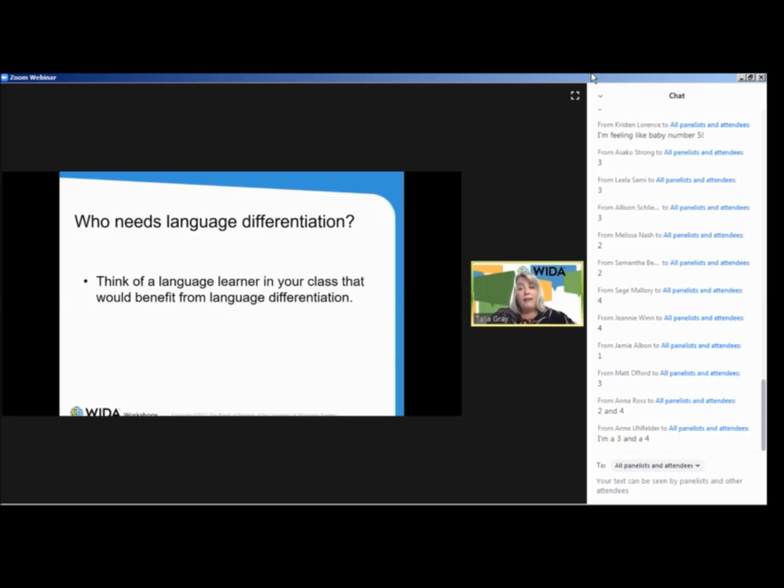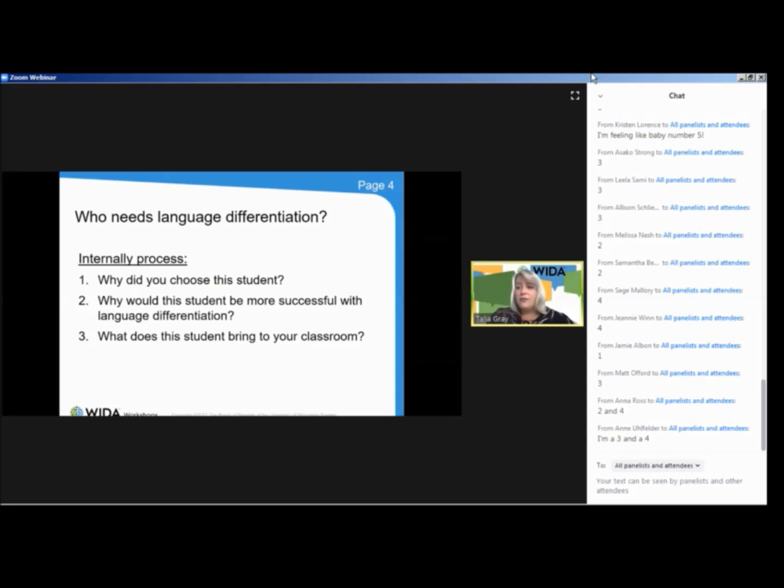Now, if you don't have any multilingual learners or English language learners in your class, it can be someone who's in a coworker's class or just a person that you know. And I want you to get this student in your mind. So, internally process why you chose this student. Why would this student be more successful with language differentiation? And finally, what does this student bring to your classroom?